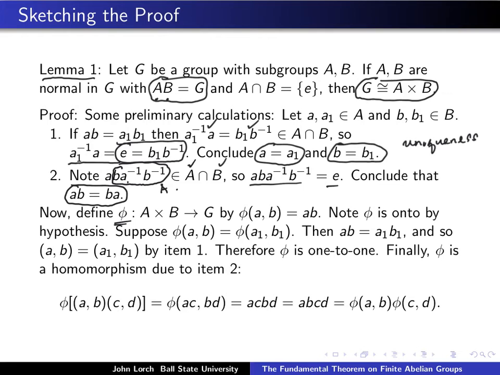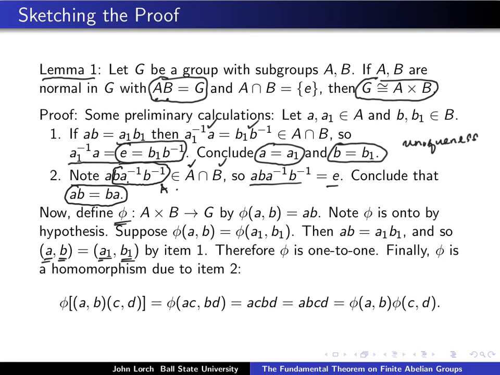So next, let's show it's one-to-one. Let's suppose we have phi of A comma B equaling phi of A1 comma B1. That says that A times B equals A1 times B1. But remember, item 1 then tells us that A has to be A1 and B has to be B1. And that means that these two ordered pairs must have been the same to begin with. So that means that the function phi is one-to-one.